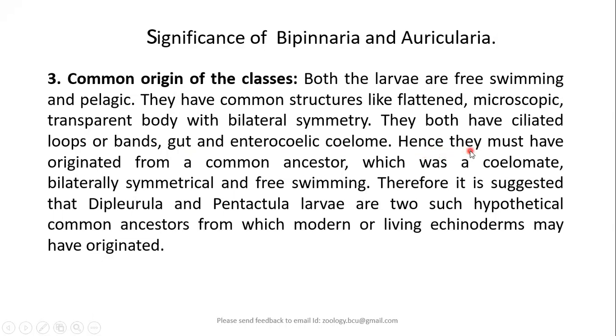This indicates that they must have originated from a common ancestor. And what could be the structure of that ancestor? It was probably coelomate, bilaterally symmetrical and free living. Therefore, it is suggested that Dipleurula and Pentactula larvae, these two hypothetical larvae, are the two such hypothetical common ancestors from which modern or living echinoderms might have originated.